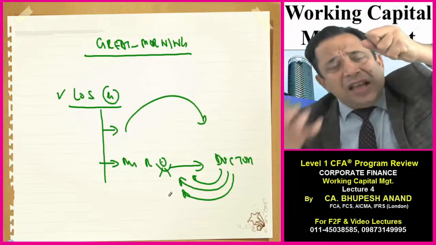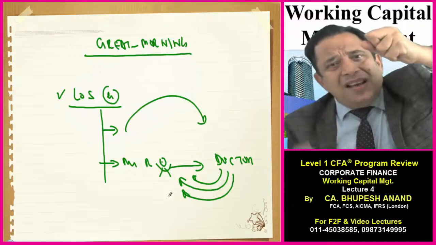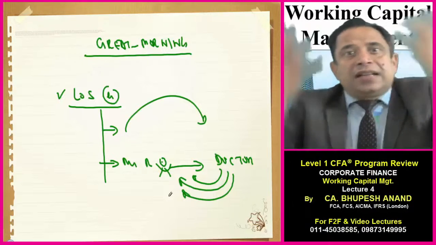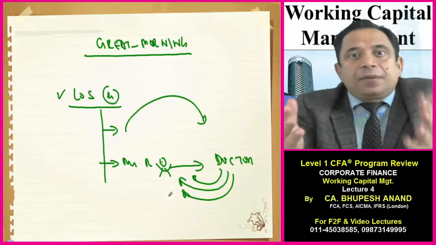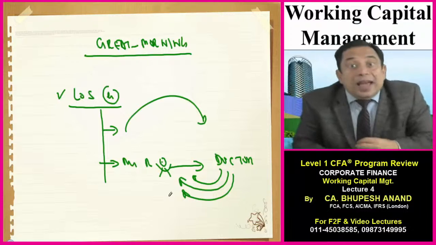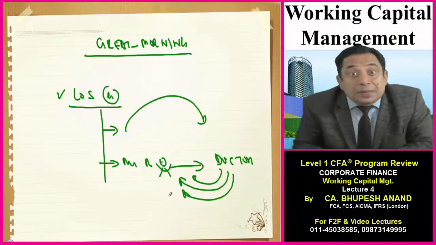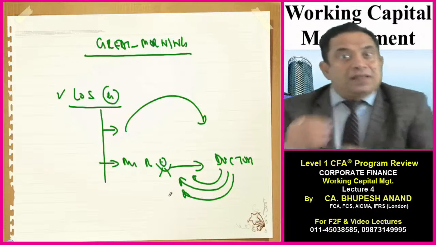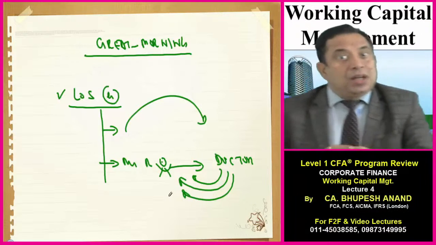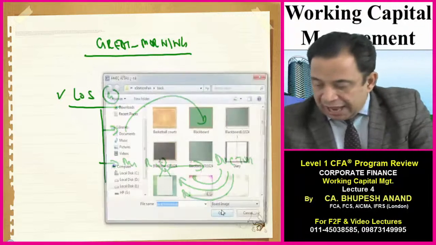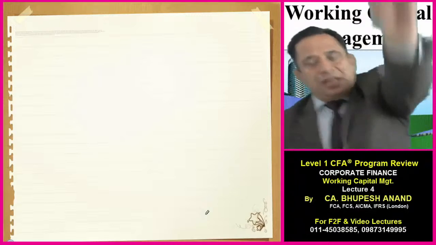We discussed in lecture number 3 what the sources are. Now, if I give you firm A's information and firm B's information, how do we calculate which company is doing good, which has a high liquidity and which has a low liquidity? What are the symptoms?